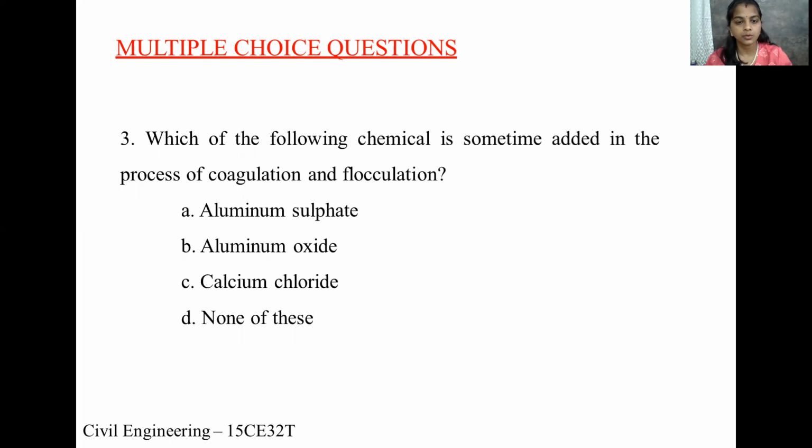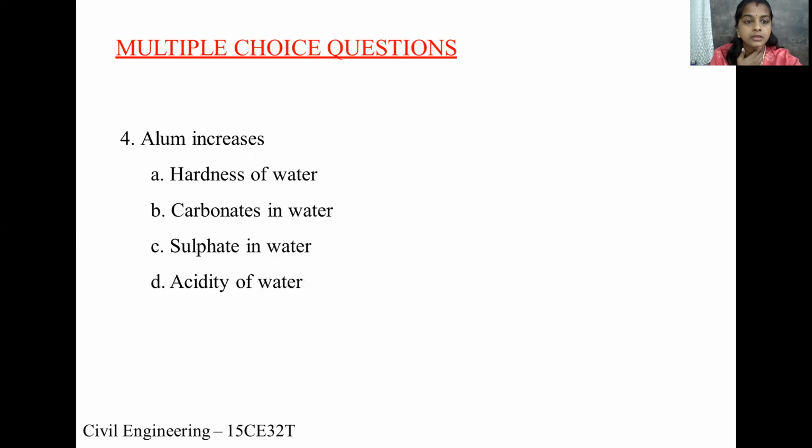Usually chlorides are used in coagulation and flocculation. Actually, this question is a bit irrelevant for this topic, but I think you must answer because you have studied coagulation and flocculation in the earlier classes prior to session number 25. So you need to answer this.